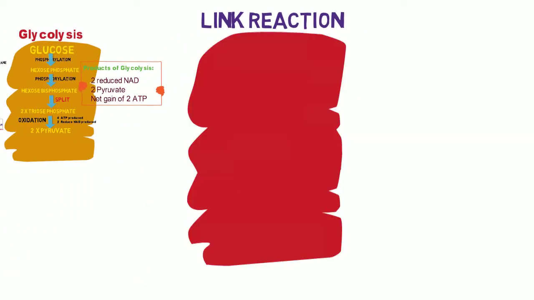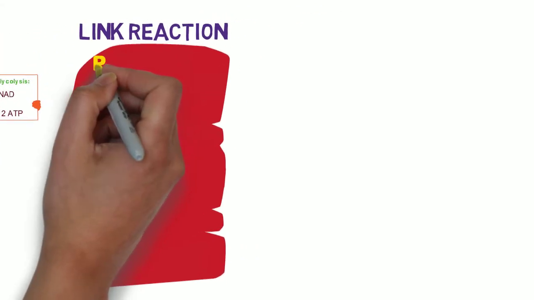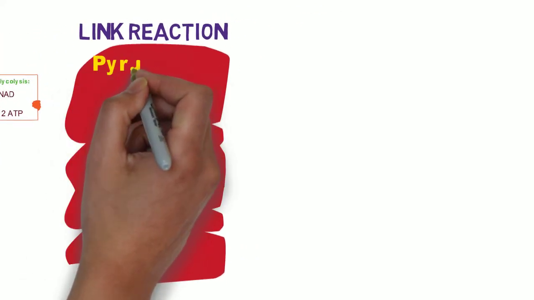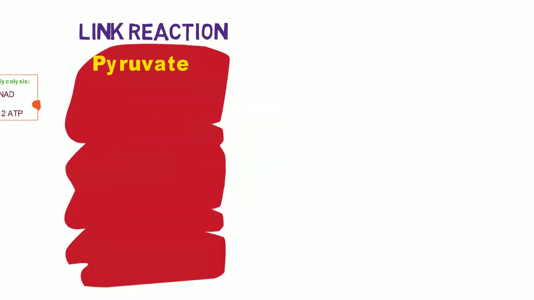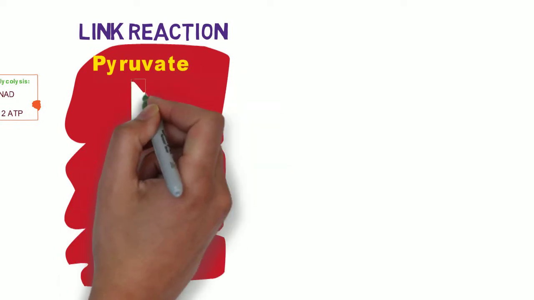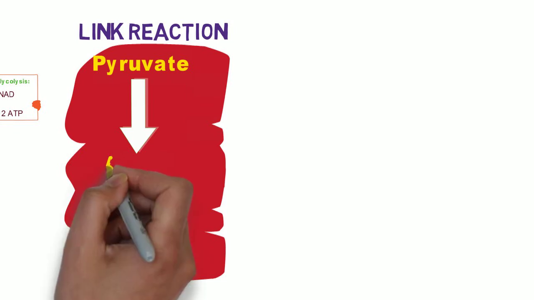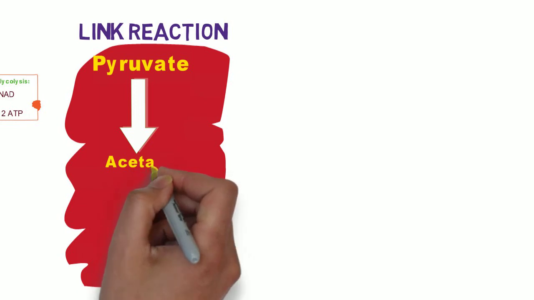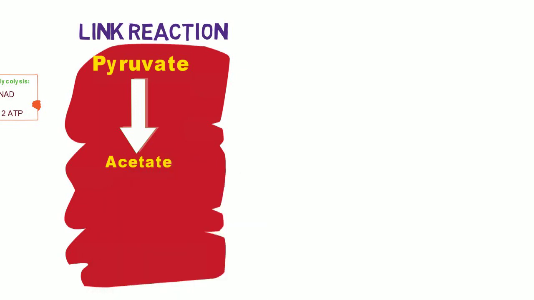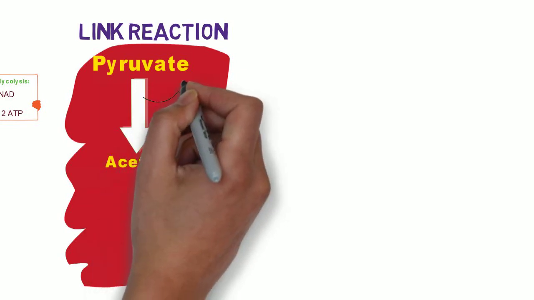Next was the link reaction. The link reaction begins with the pyruvate that was formed from the glycolysis stage. This pyruvate is a three carbon compound, but it is converted into acetate, which is a two carbon compound. Why?